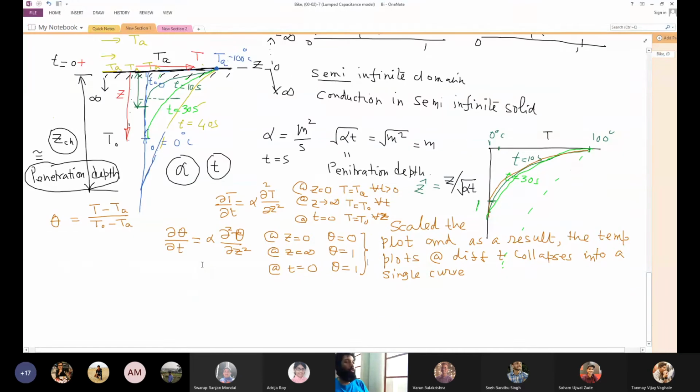So now let us do this transformation. Although I wrote it here as z hat, typically this variable is defined as eta. So we call it eta. We will call eta equals to z divided by square root of 4 alpha t.